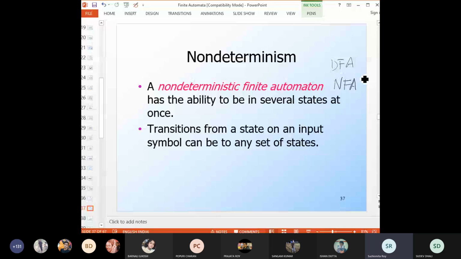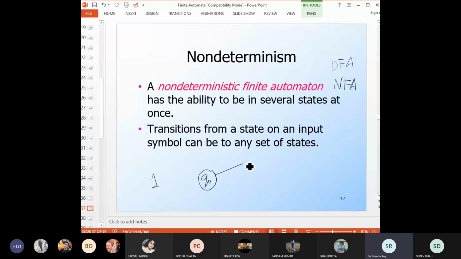Be very clear: a non-deterministic finite automata has the ability to be in several states at once. That is a very confusing concept. Transitions from a state on an input symbol can be to many states. Suppose I have a state, let's call it Q0, and I see the input character 1.